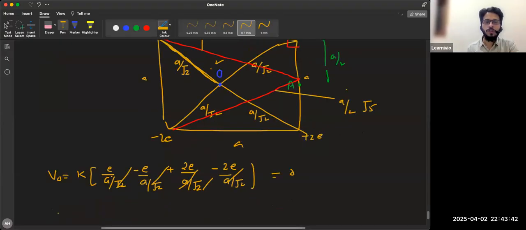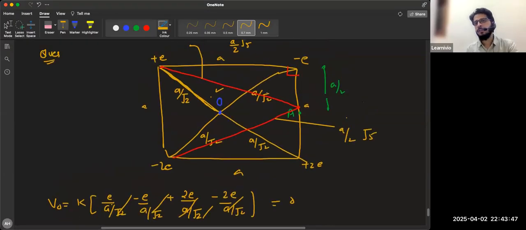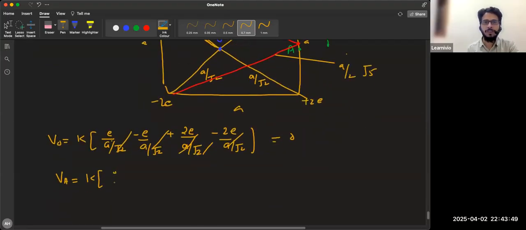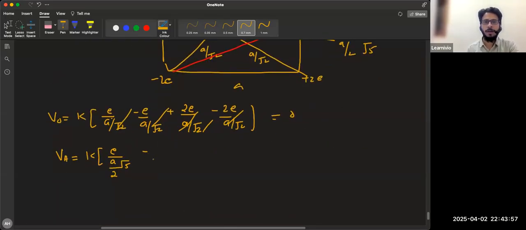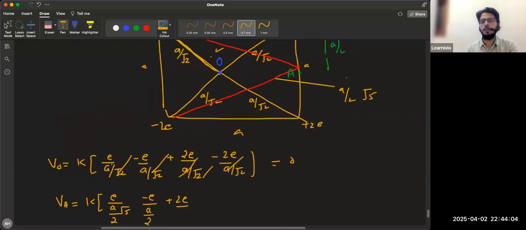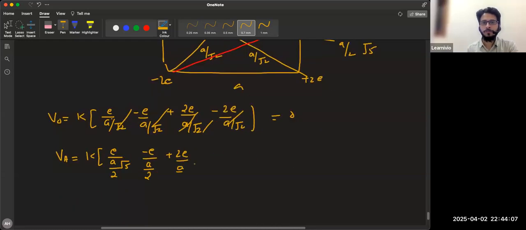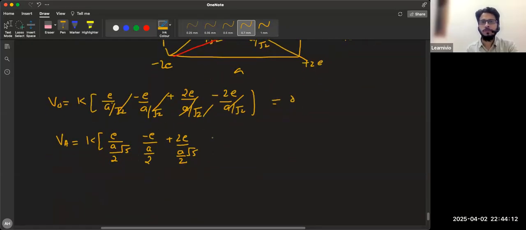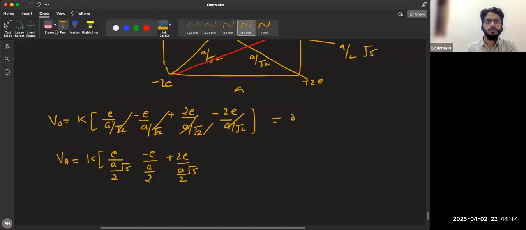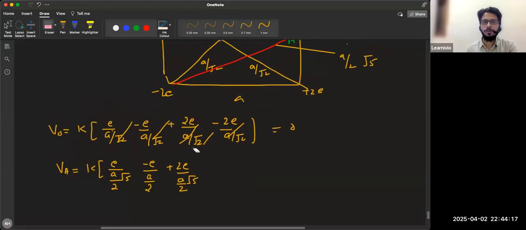So you can say that potential at A is K, which is constant, then E and separation is A by 2 root 5. So this is E by A by 2 root 5. Then you have minus E by A by 2. Then you have plus 2E, so it's plus 2E by A by 2 root 5. And then you have minus 2E. No, sorry. For 2E, the separation is A by 2. So it's A by 2.